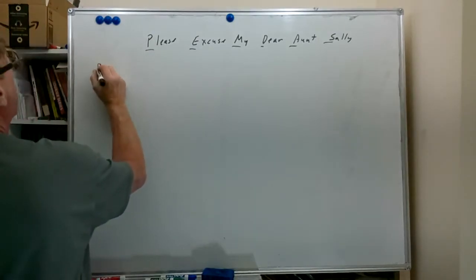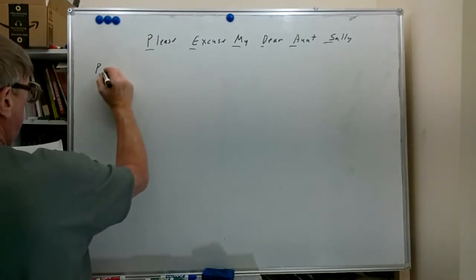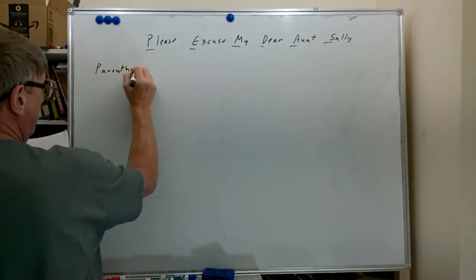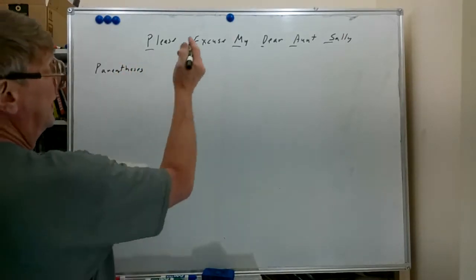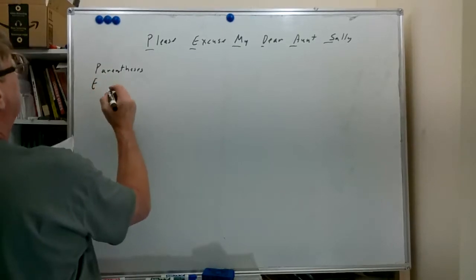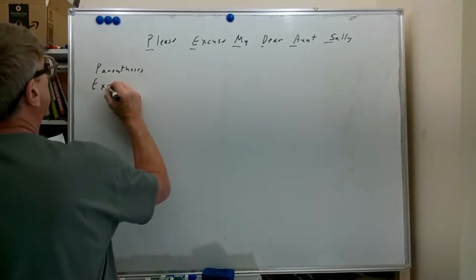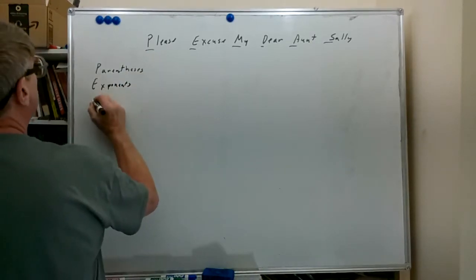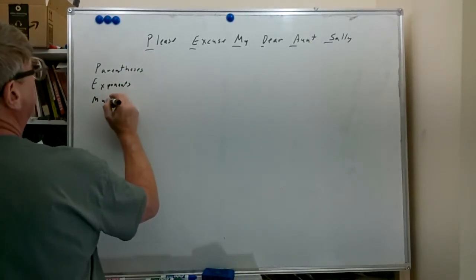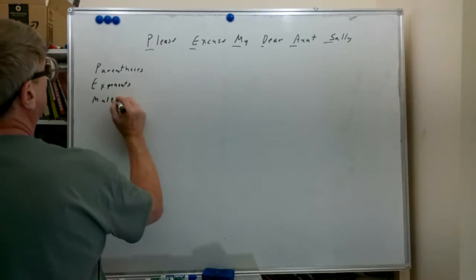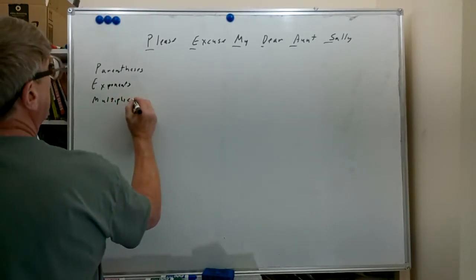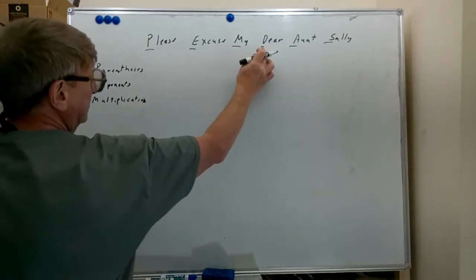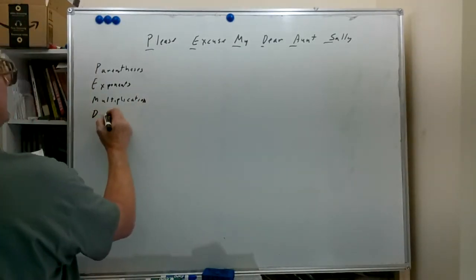So P was like we just talked about, parentheses. The E, we haven't really talked about it yet, but that's exponents. M is multiplication. D is division.